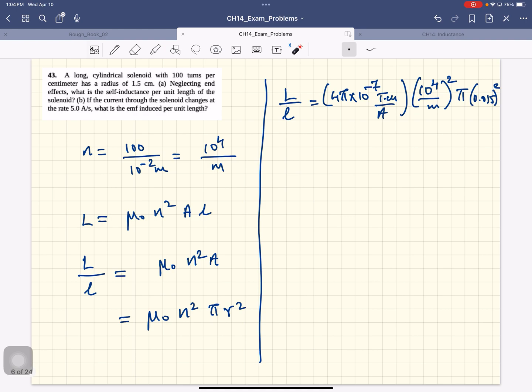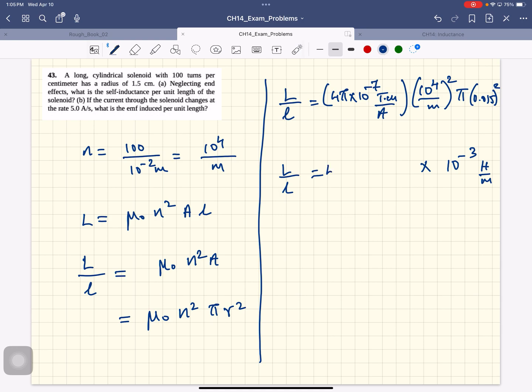Okay, that's 10 to the minus 7, 4, and minus 4, so 10 to the minus 3. And units would be henries per meter.